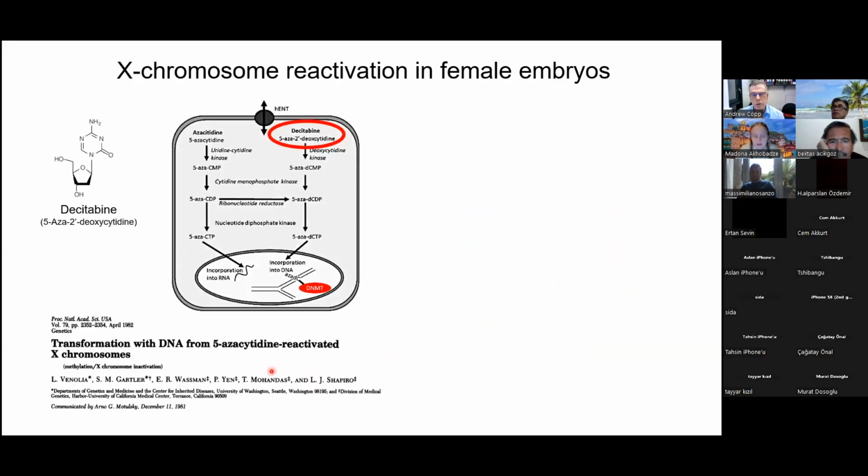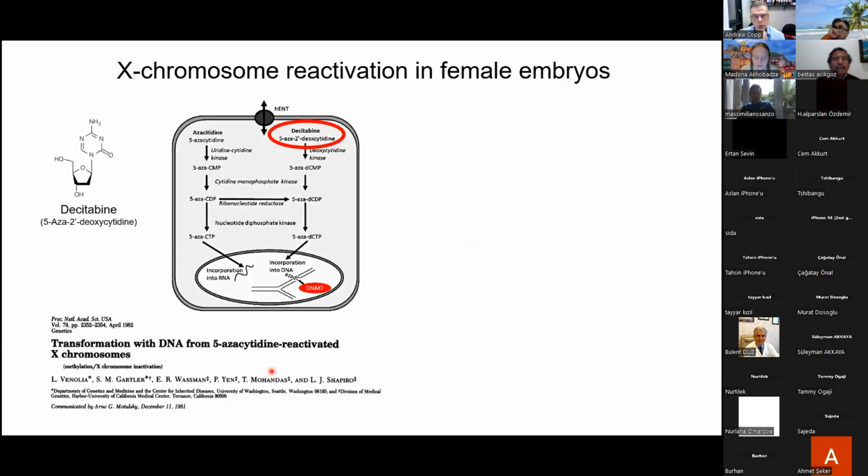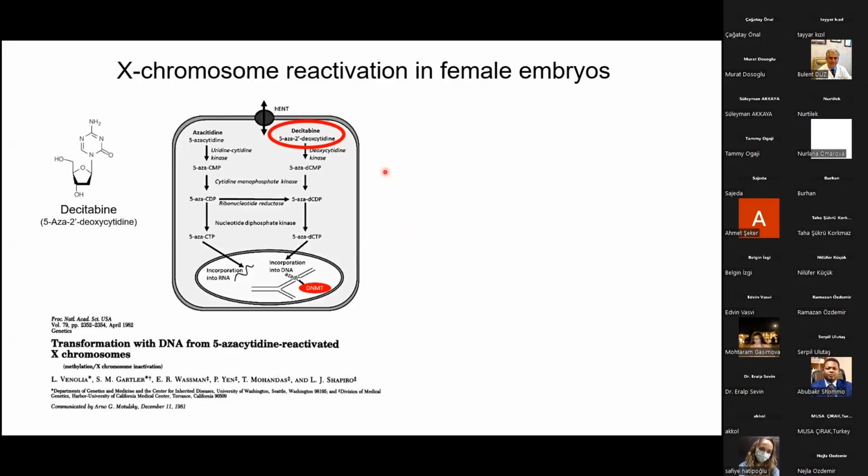But we wanted to go on and do a more ambitious experiment, which was to take female embryos and try to reactivate their X chromosome and see if that would also rescue them. So many years ago, 1982, this study showed that 5-azacytidine, a very toxic drug, can reactivate the X chromosome in cells in culture.